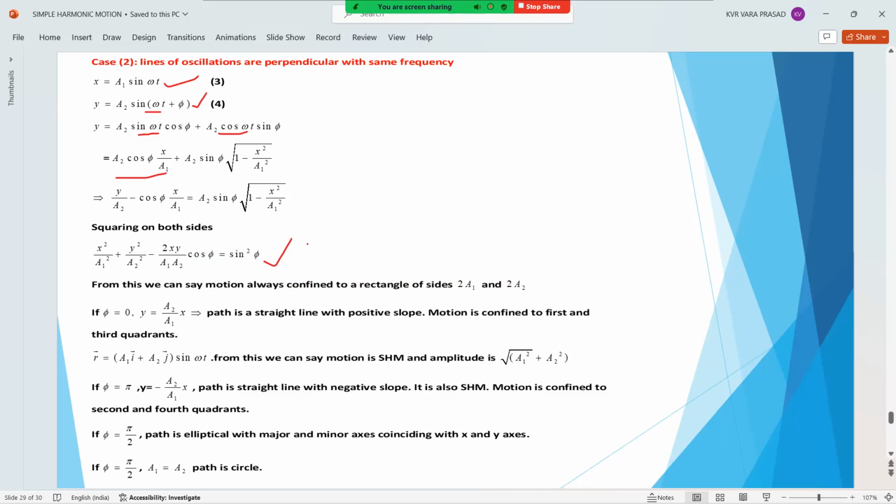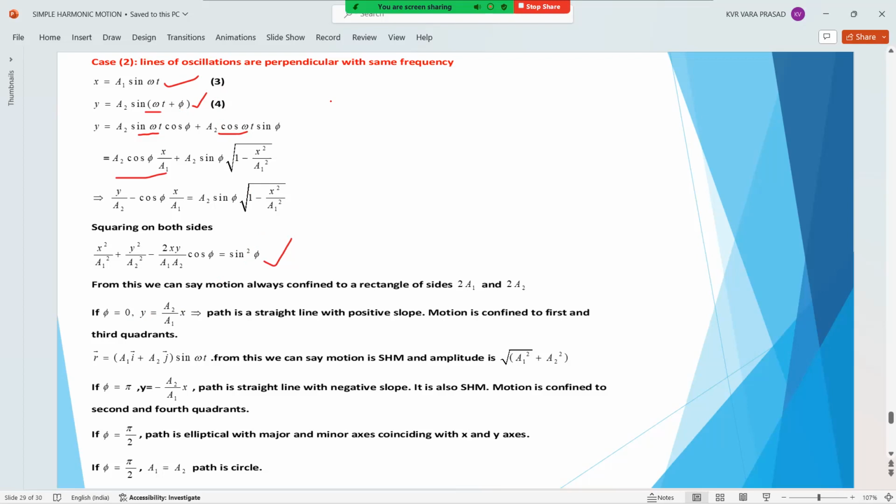So first we have taken phi equal to 0. Either we can take this value in the path equation here, otherwise we can take it in equations 3 and 4. If you take phi value 0 in equation 4, see what we get.